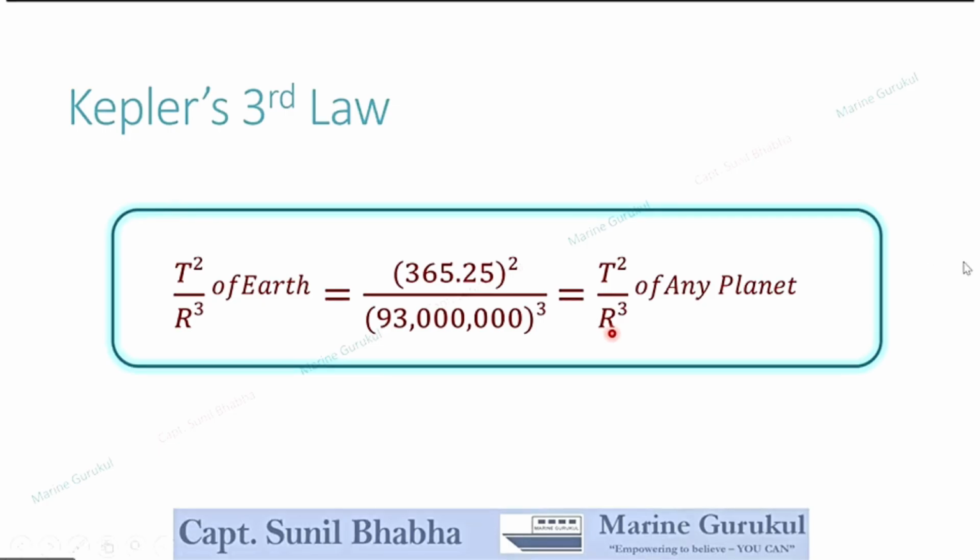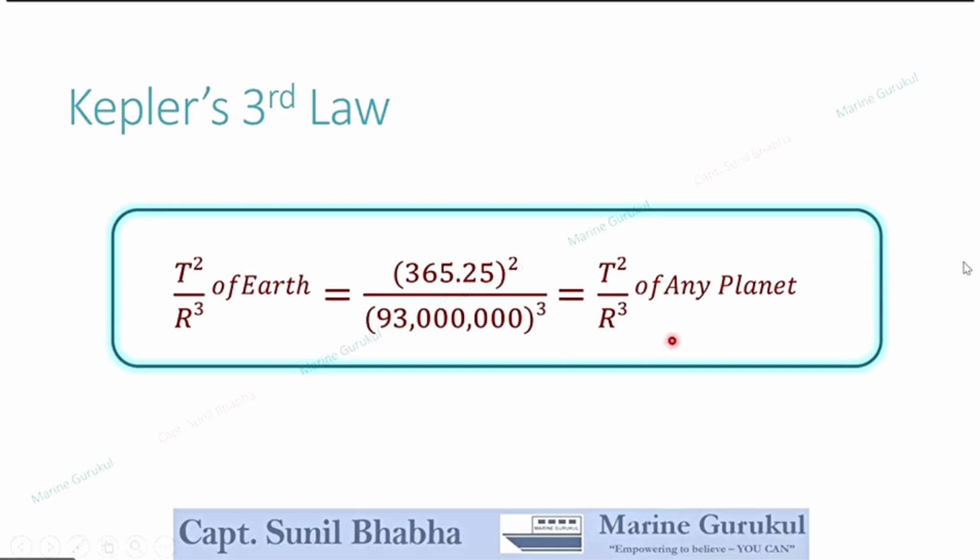This, being constant for each and every planet, should be equal to T squared by R cubed of any of the planets of the solar system. If you look carefully, in this relationship T squared by R cubed of Earth is known to us. If we are given the orbital radius or the orbital time period of any of the planets, one of these two items is provided to us.